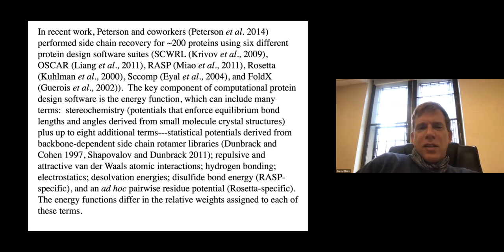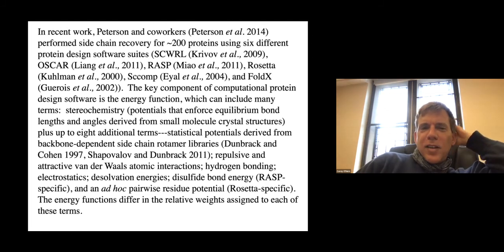Protein sidechain recovery is basically this sidechain repacking that I was talking about. Each of these software suites has interesting names. There's Squirrel, SCWRL, there's Oscar, RASP, SC Comp, Rosetta, and they're going to use these different software suites and compare their performance.